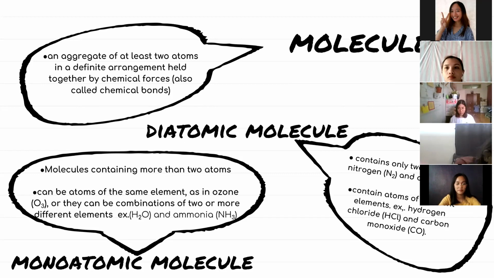What is the meaning of molecules? Sometimes we use atoms, sometimes we use molecules. Atoms, class, do not forget that they are the basic unit of matter. But when you use the word molecules, you are actually referring to aggregates of atoms or a combination of two or more atoms.